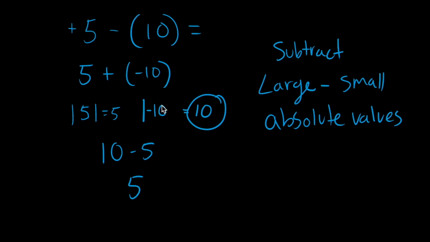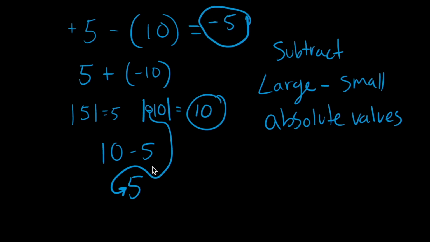Negative 10 gave you the absolute value 10, and 10 is bigger than 5, so that's why I circled it as the larger absolute value. And so now we're going to take the sign from the original number that gave us the larger absolute value, which is this negative, and then give it to the 5. So the answer is negative 5. Easy.